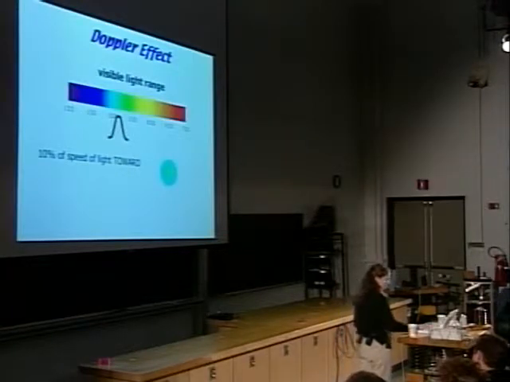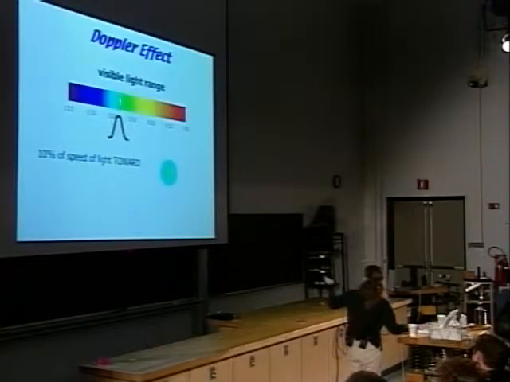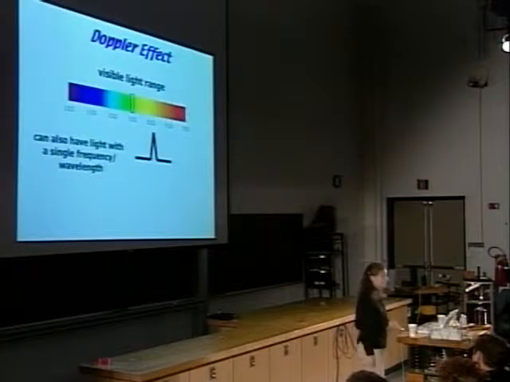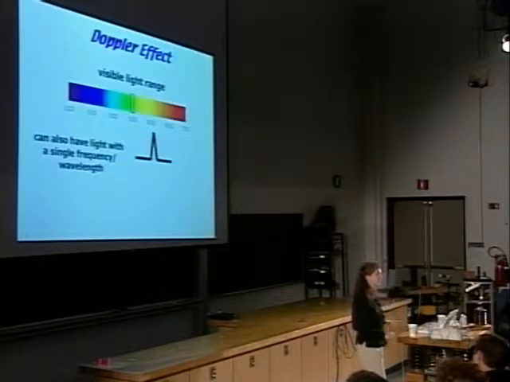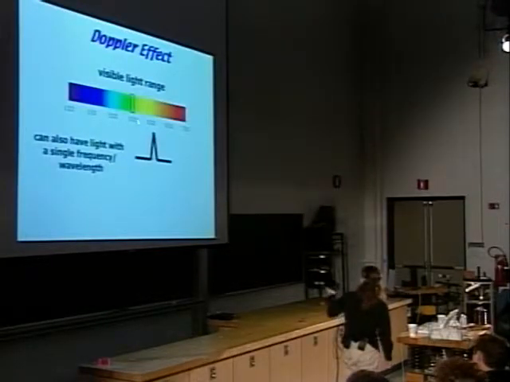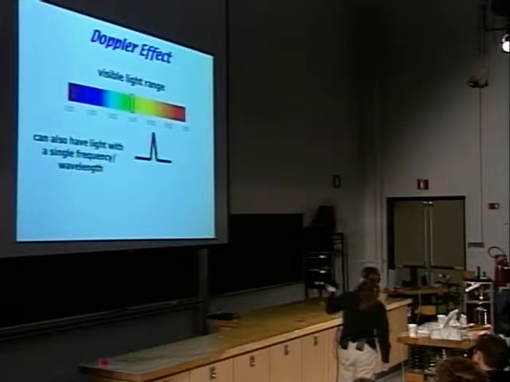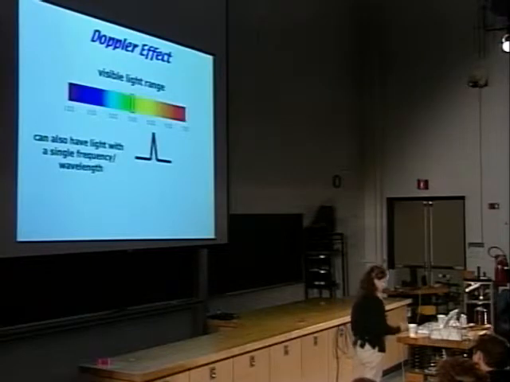The other thing that light can do is, rather than having an assortment of colors that it sends to us, you can have light emitted from an object that has a single frequency or wavelength, a single pure tone of color. So I've shown schematically here as saying it would be on this line there, and you'd have no light, and then you would have a single bit of it there.